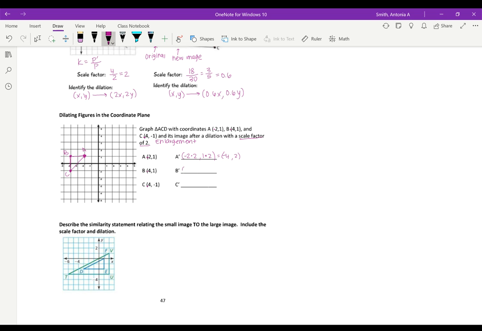My point B is going to be negative 4 times 2, 1 times 2, which is negative 8, 2. And then negative 4, negative 1 turns into negative 4 times 2, negative 1 times 2, which is negative 8, negative 2. I'm off the graph here as well, but at least I'm going off in a direction where I have room. Okay.